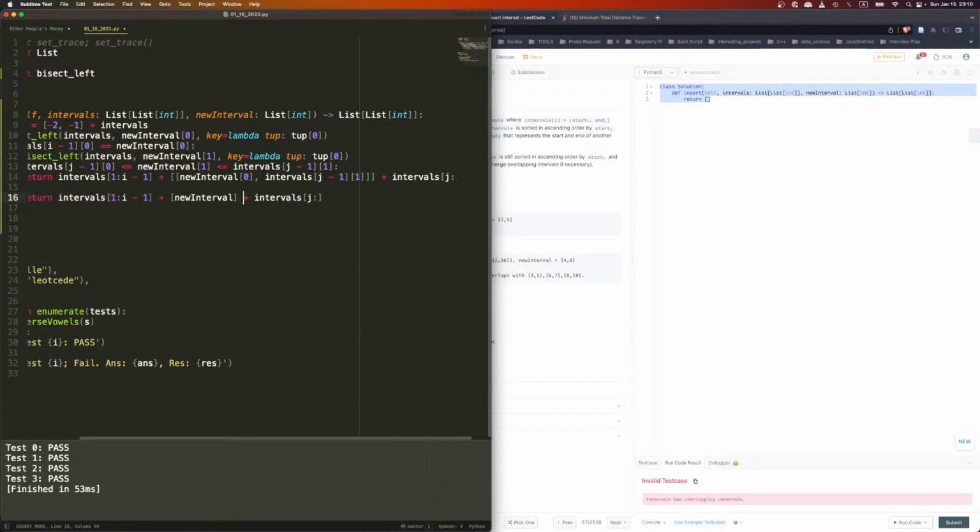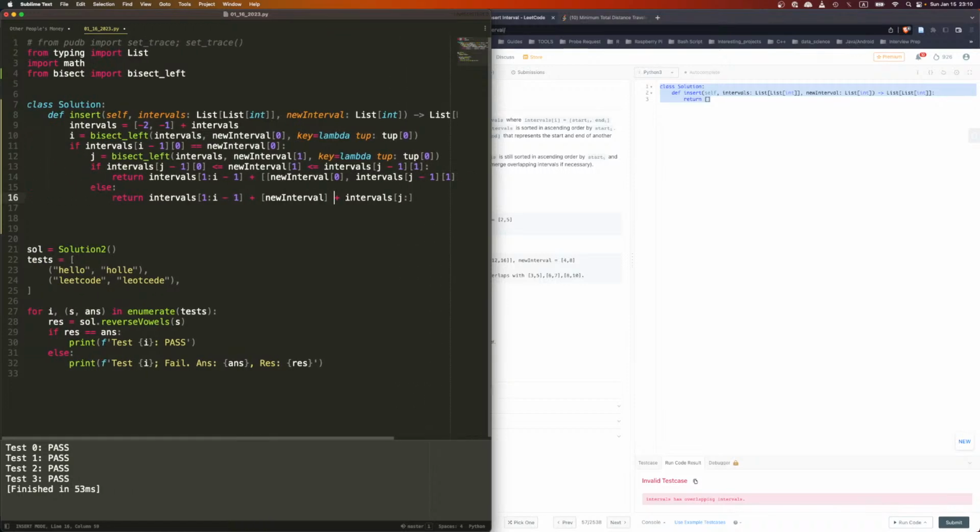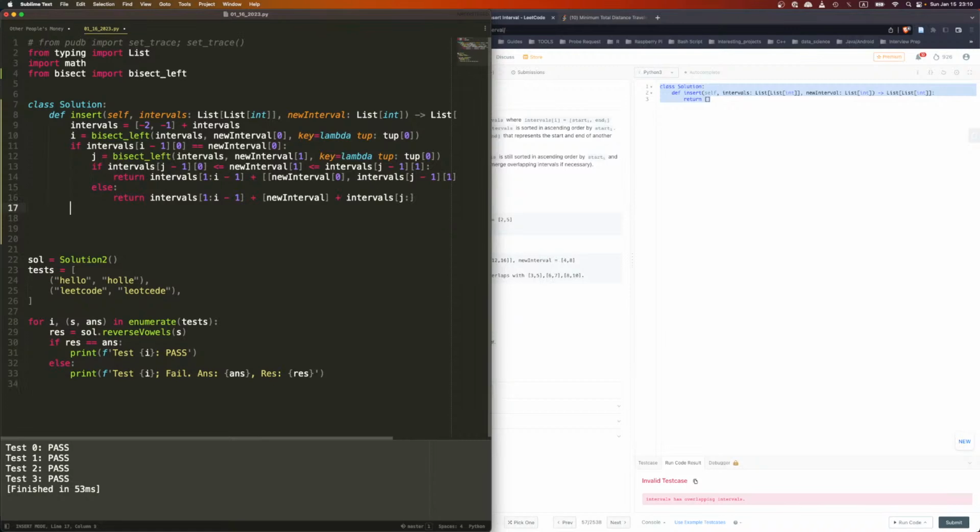And then j towards the end. Now it got me thinking this should be the same, right? If it's smaller equal to the new interval and it's smaller equal to intervals I minus 1, 1.